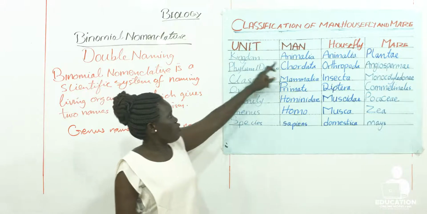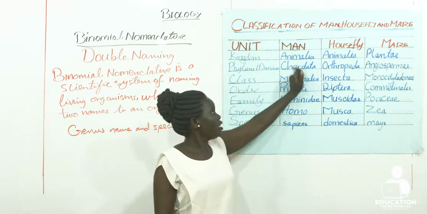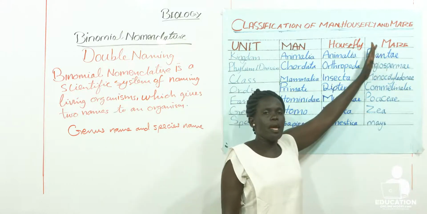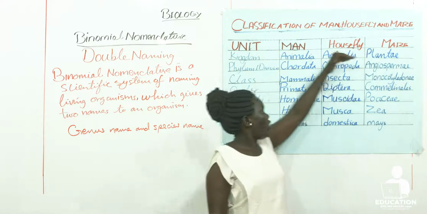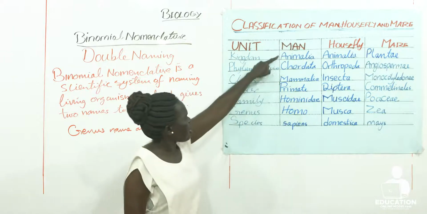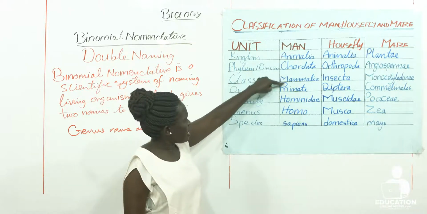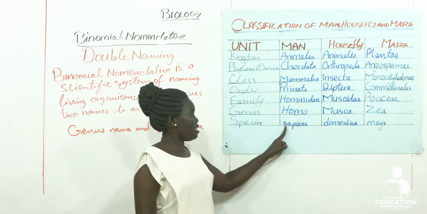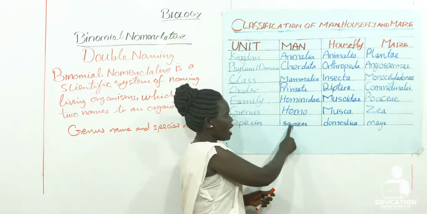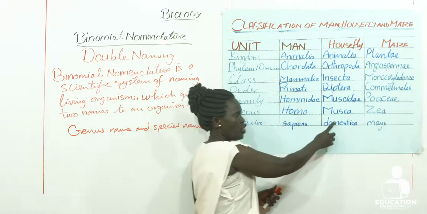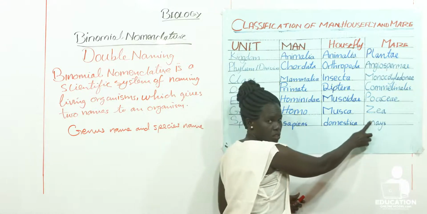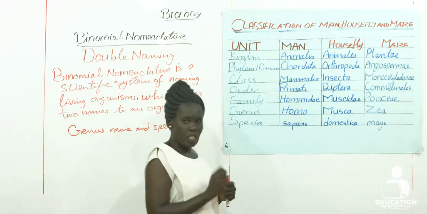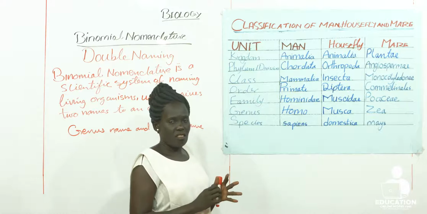So the kingdom of man is Animalia, housefly is Animalia also, but maize is Plantae. These names start with capital letters, but reaching the name of the species, it starts with small letters: sapiens, domestica, mays. This is written like this purposely, not by chance.